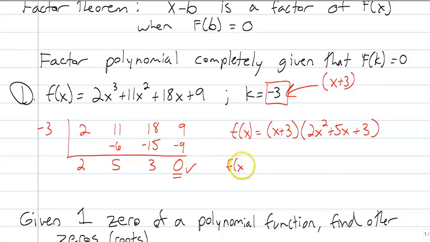I'm going to just do guess and check real quick because it's faster with the smaller numbers. This has to be a 2x, this has to be an x. One of these has to be a 3, one of these has to be a 1. If I put a 3 here, it doesn't work. The 3 has to go there. 2x squared plus 3x plus 2x is 5x plus 3. And now it is factored completely.